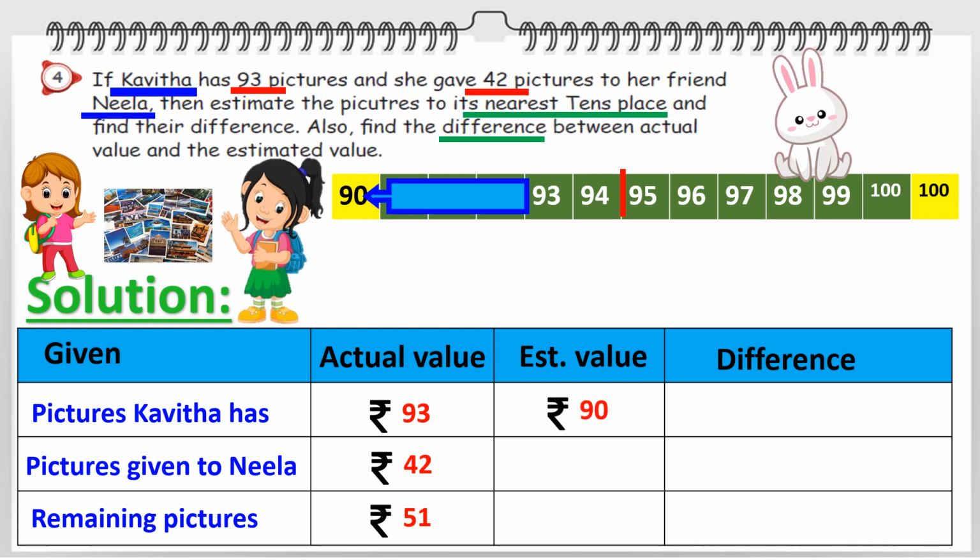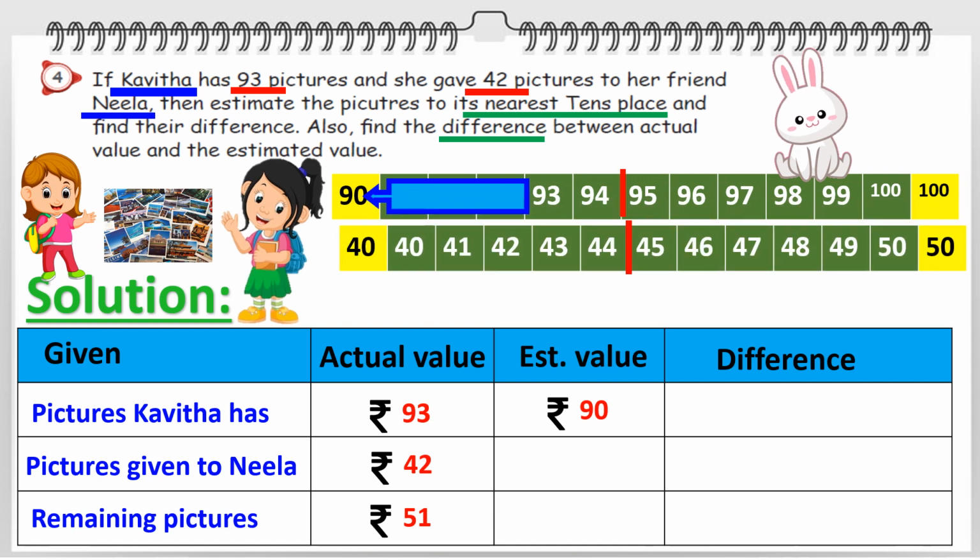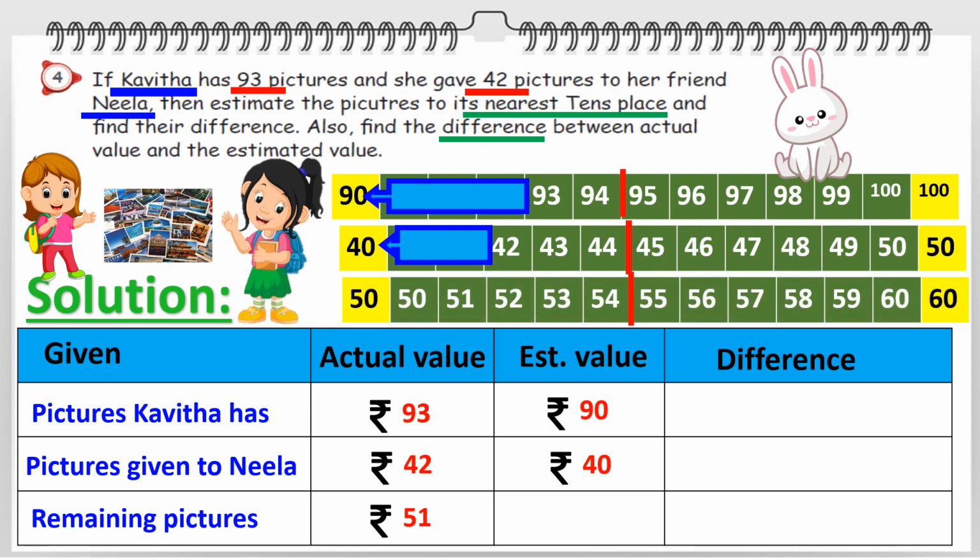Then go to 42. Here also we can check. Sure it goes to the left side only because 42 number ends with 2. So answer is 40. Clear? Okay. Then come to the 51. As usual, this number also ends with below 5. So sure it must go to left side. So answer is 50. It's easy, no ma?